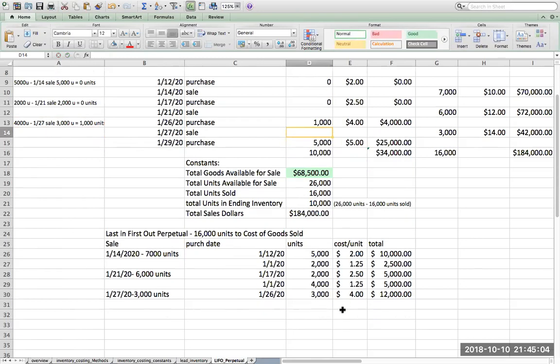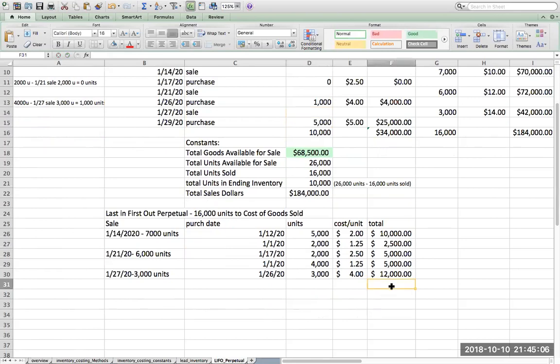And now I'm ready to solve my problem. The thing I want to check is the total number of units that I've taken to cost of goods sold is 16,000. That always has to be the same. And my total amount of cost of goods sold is going to be 34,500.